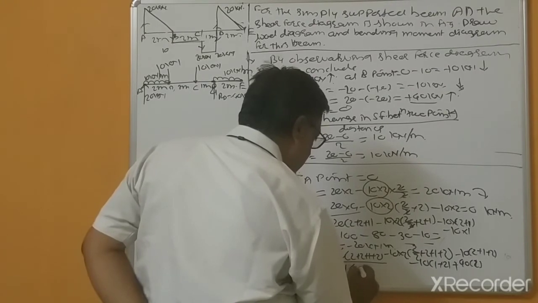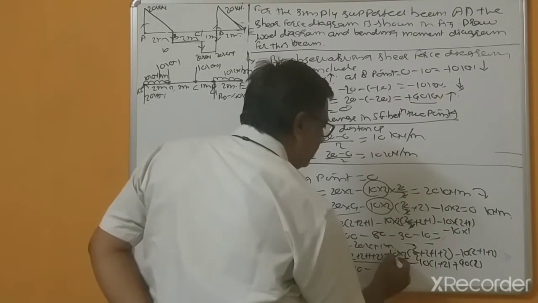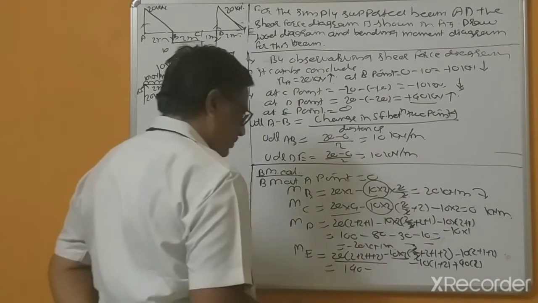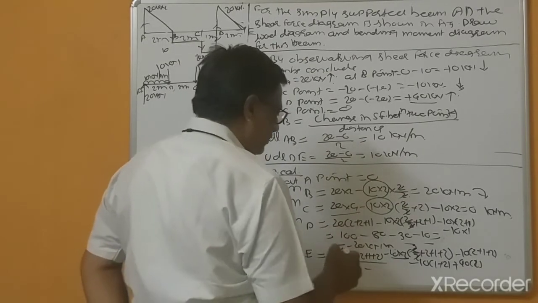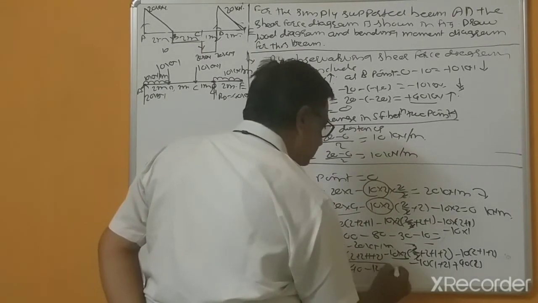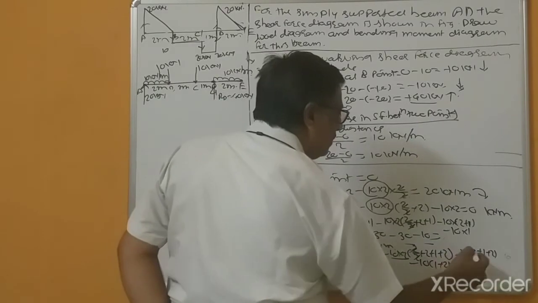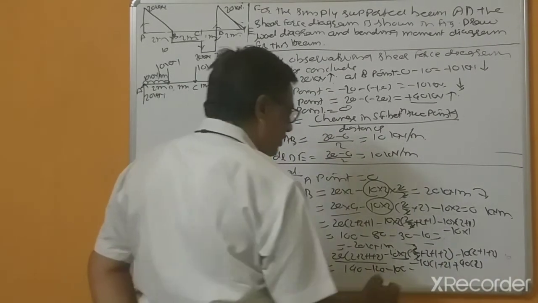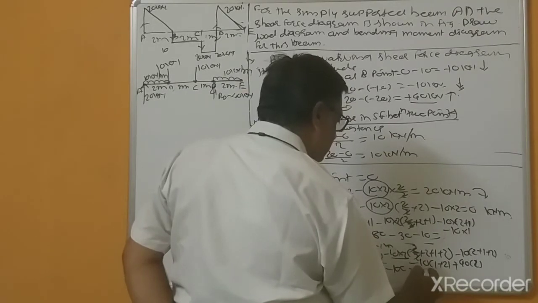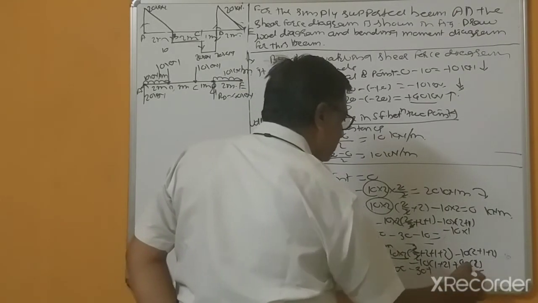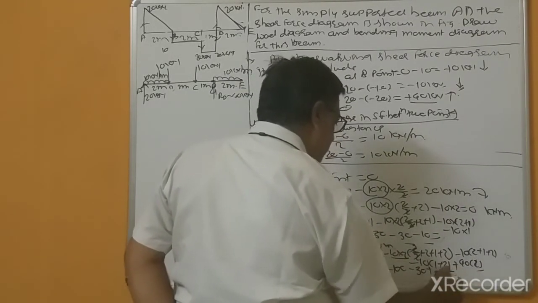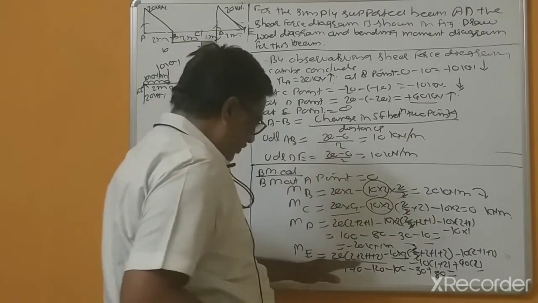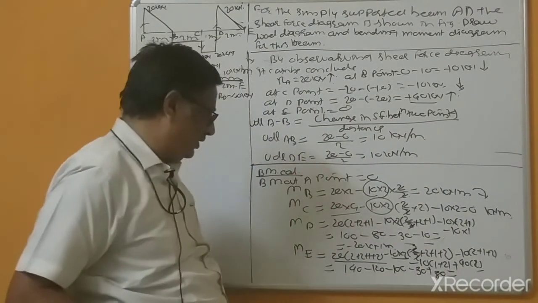140 minus 20 into 6, 120 minus 500 minus 30 plus 80. So this 140 plus 80, 220.